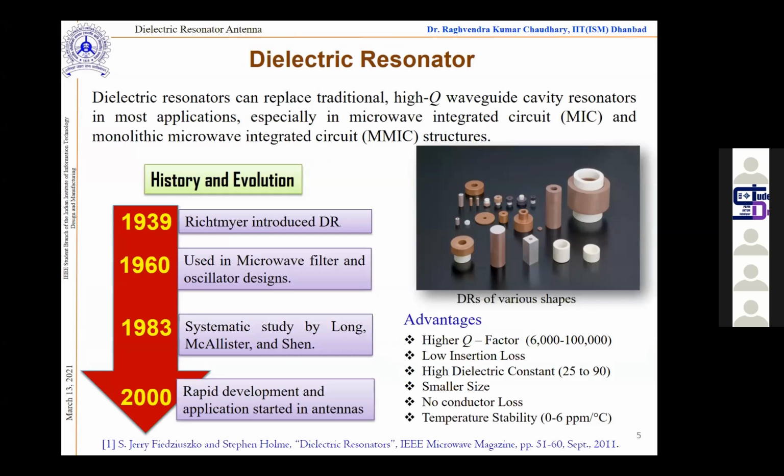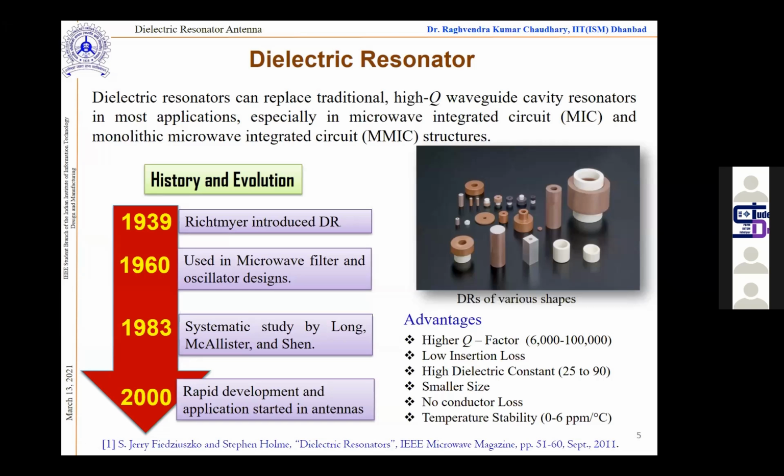So first of all, we should understand what a DR, dielectric resonator, is. This is not a new topic. It started in 1939, which Mayer introduced for the first time. Then it was found to have a very high quality factor, so we can utilize it in filters and oscillators.